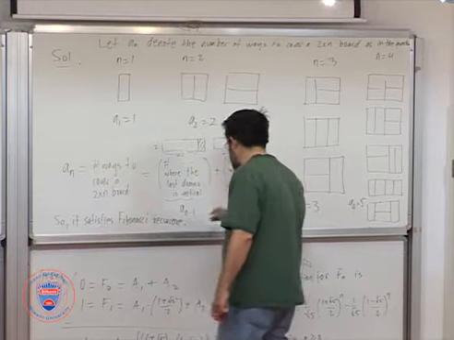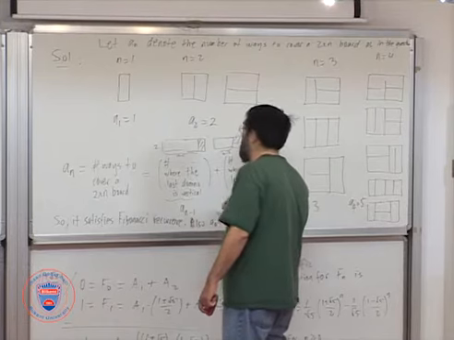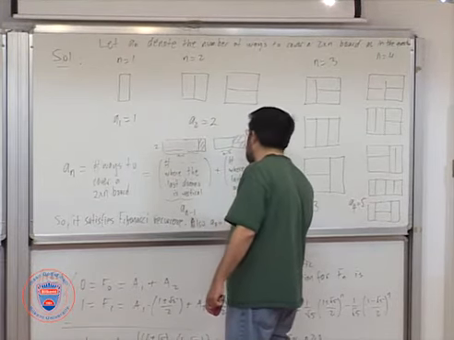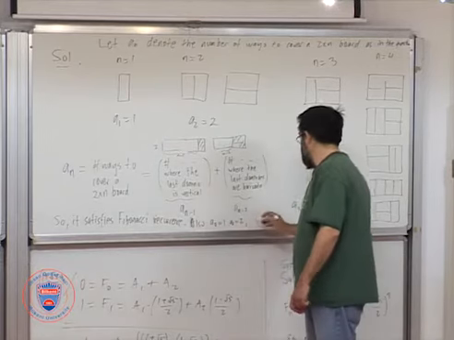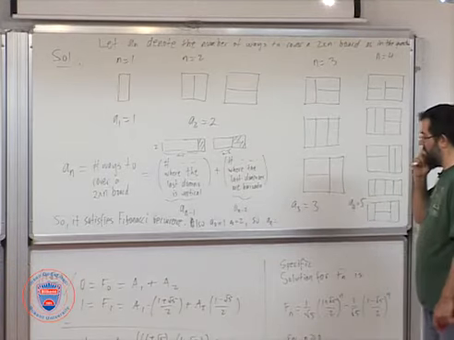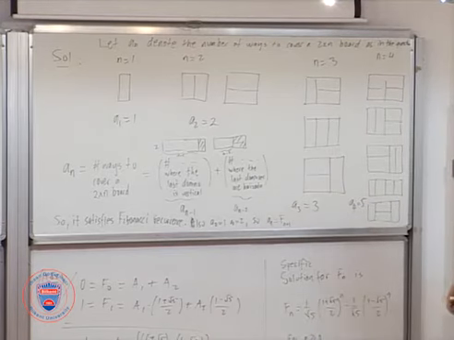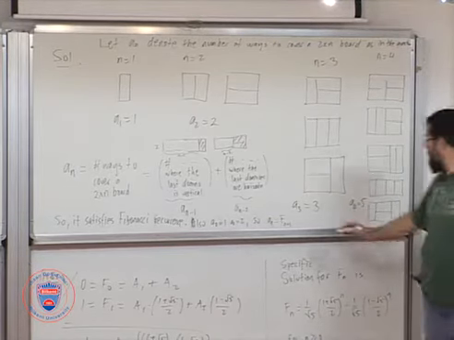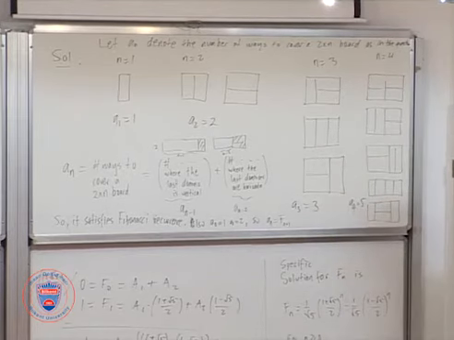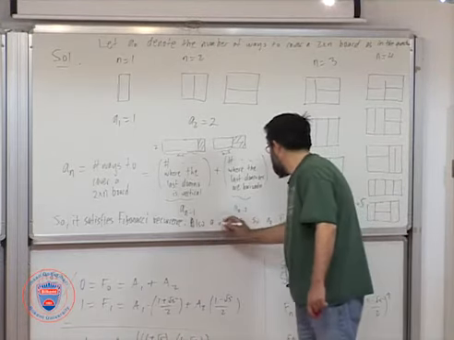Now, if you have a Fibonacci recurrence, also we have A0. We already decided that A1 is 1, A2 is 2. So it's a little bit shifted. So I can conclude that an is just the shift of the Fibonacci, n plus 1, just the shift. Sorry.